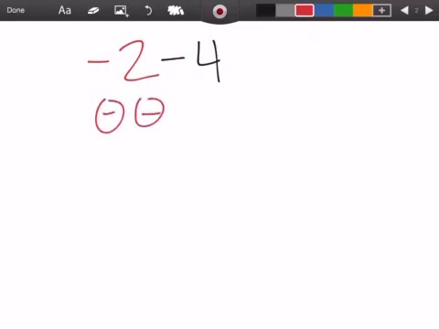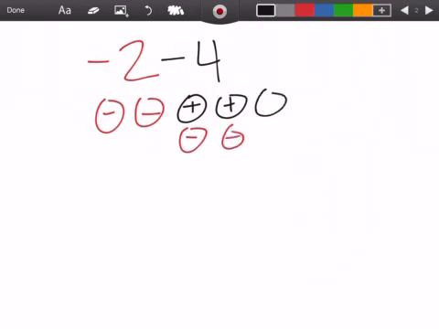All right, how about we start with negative 2 and try to subtract 4. So I'm starting with 2 negatives, and I'm supposed to take away 4 positives. Again, I can't do that because I don't have any positives there, so I'm going to add zeros. 1 zero, 2 zeros, 3 zeros, and 4 zeros.